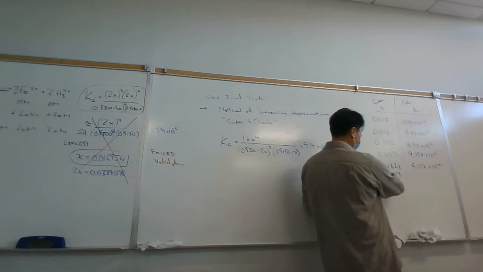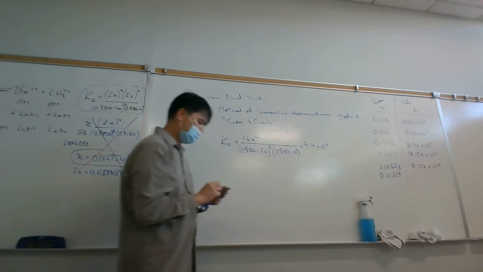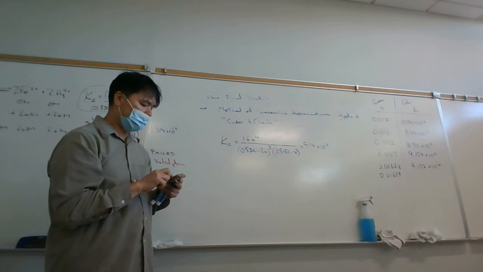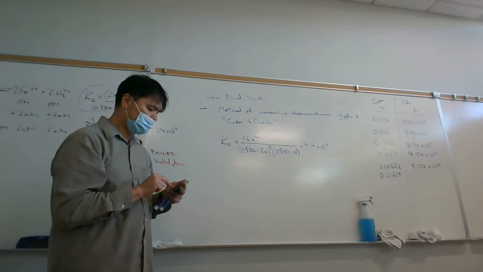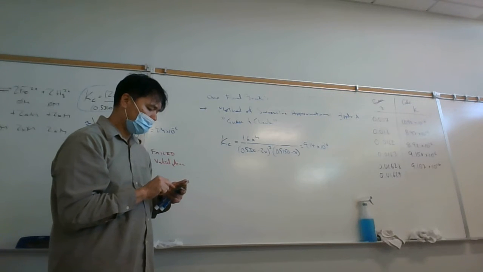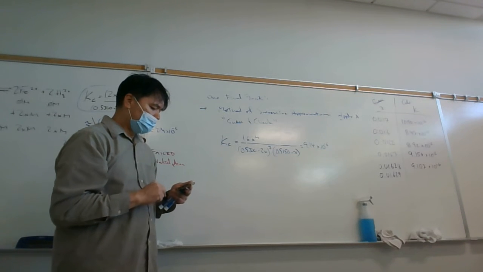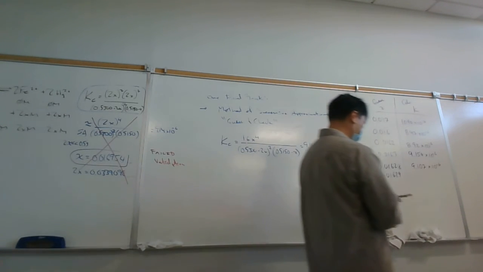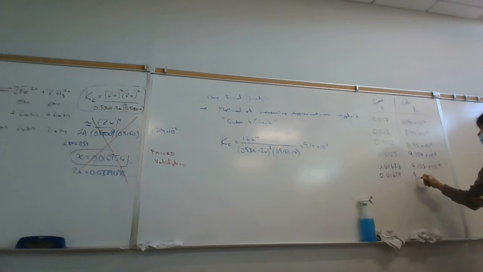So I'm going to try to double this in my head. It's going to be 0.03258. Close parentheses, square that, divided by parentheses 0.515 minus 0.01629, equals 9.130 times 10 to the minus 6.